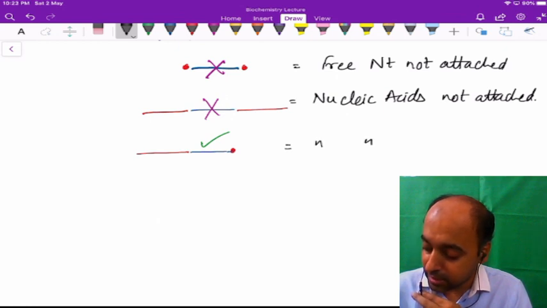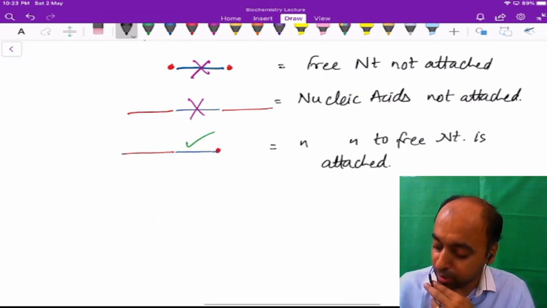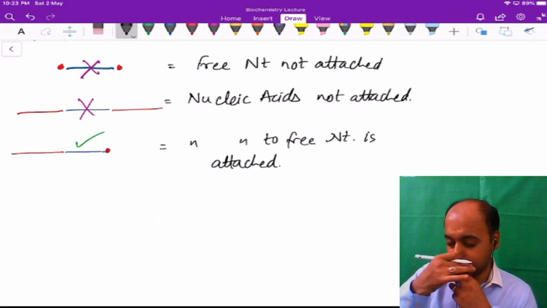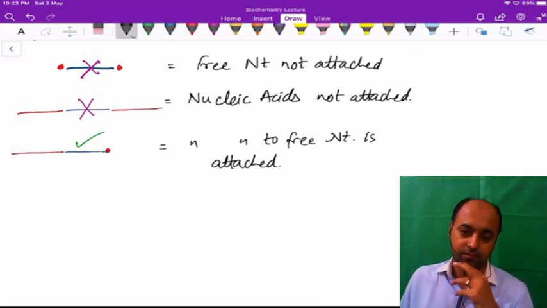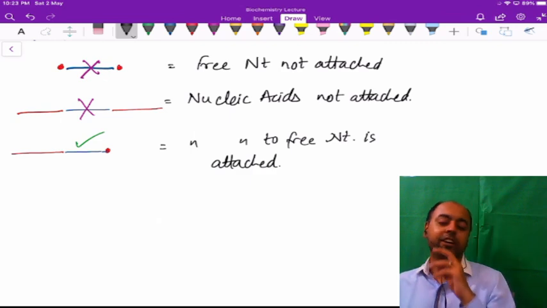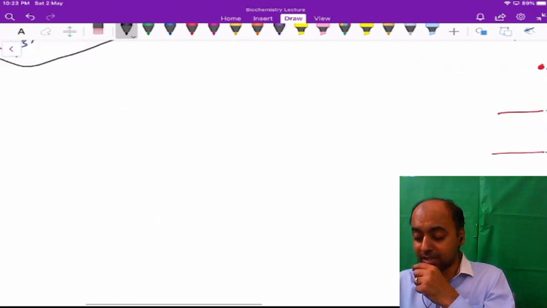A free nucleotide is attached to a nucleic acid. The function of DNA polymerase is it will only attach a nucleotide to a nucleic acid, not to another free nucleotide. It will not attach two nucleic acids. So this is what is happening here.